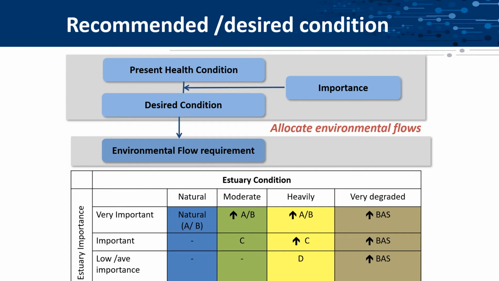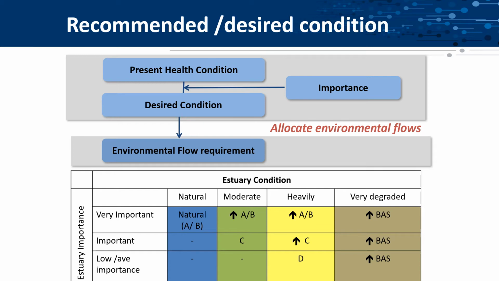In South Africa, we mostly use biodiversity importance and conservation importance as the two deciding factors. And then finally, that together with understanding the present pressures on the system, we can define its desired condition, and then finally do the flow allocation that will keep it in the condition we want it to be.